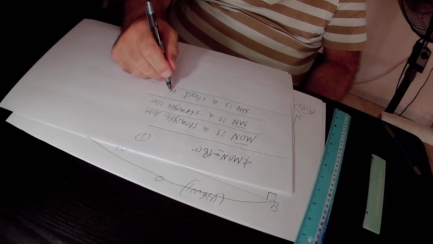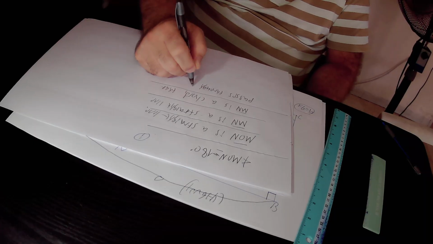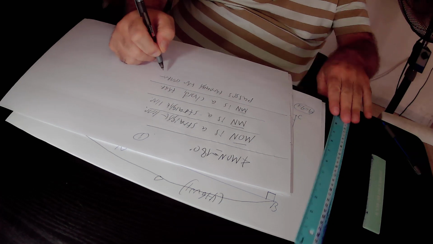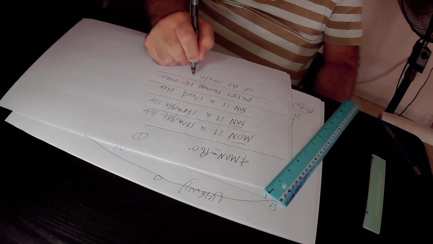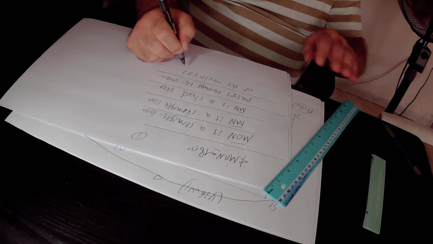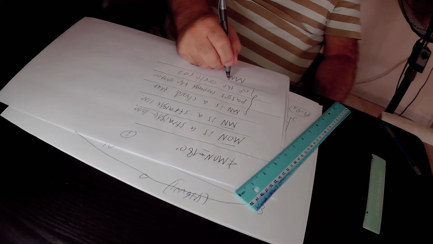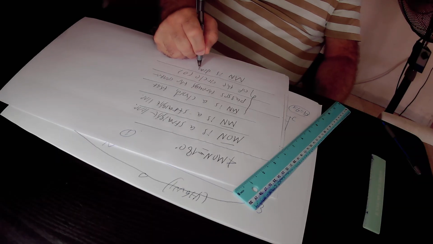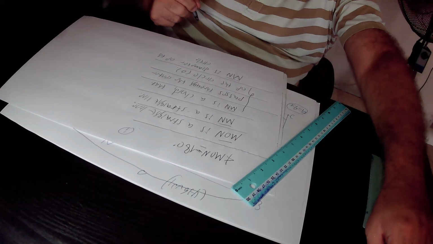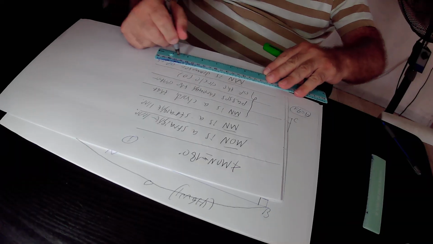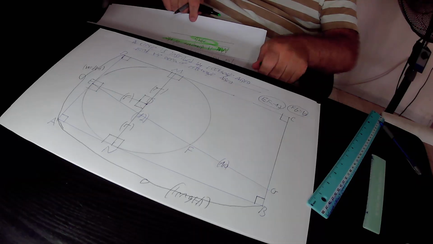MN is a chord that passes through the center of the circle, that is to say through point O, and therefore MN is the diameter of the circle.